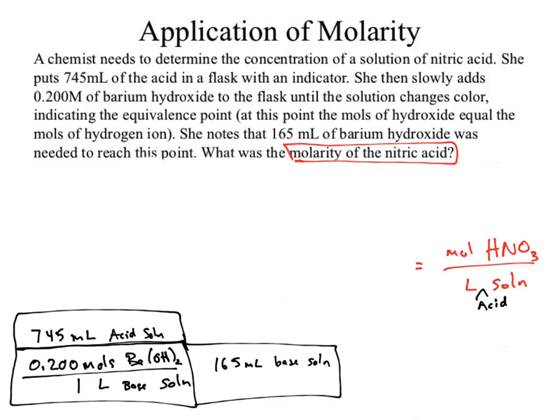Do we see anything that stands out? We get a call out for the 0.200 moles of barium hydroxide. Why did you pick that? They're both molarities, so that could be reasonable.